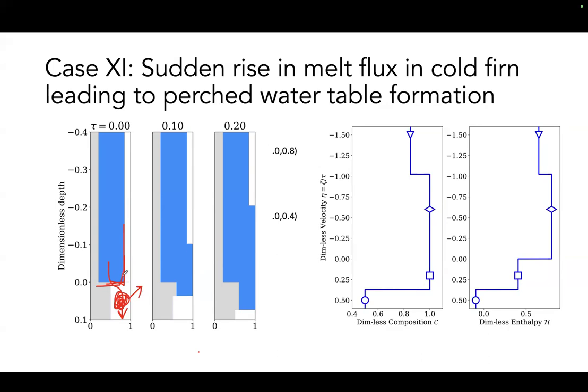And the wetting front bifurcates into two fronts. One is a rising perched water table, and then there is a wetting front that moves down. And as it goes down into the cold, minus 30 degrees Celsius firn, you refreeze as well, which is a unique characteristic for this case. And as it goes up and up, it can go to the top and cause ponding.